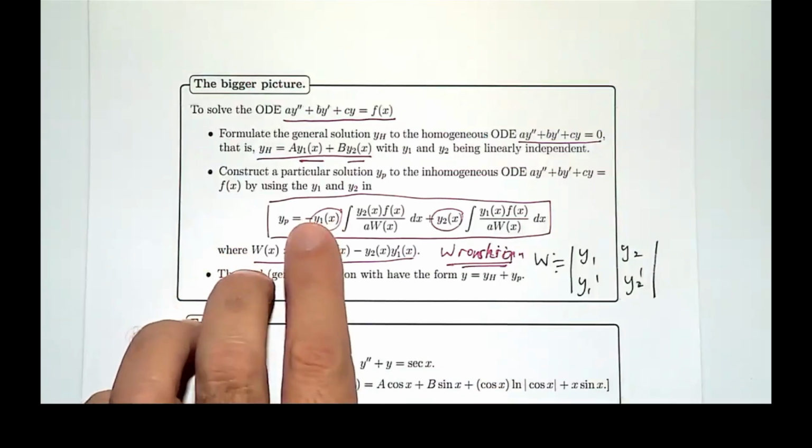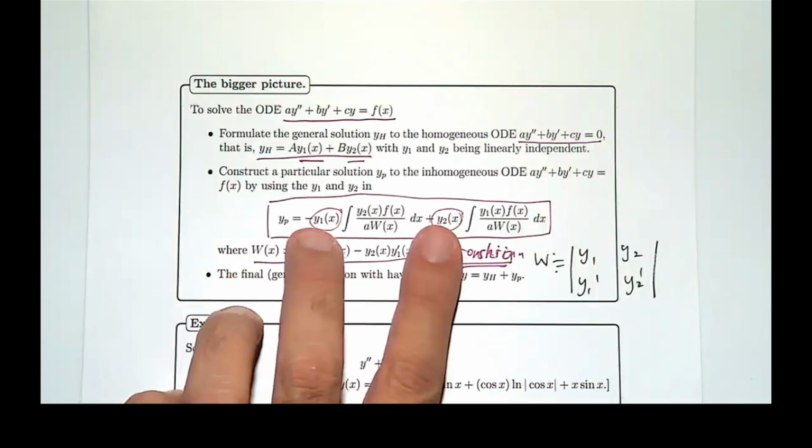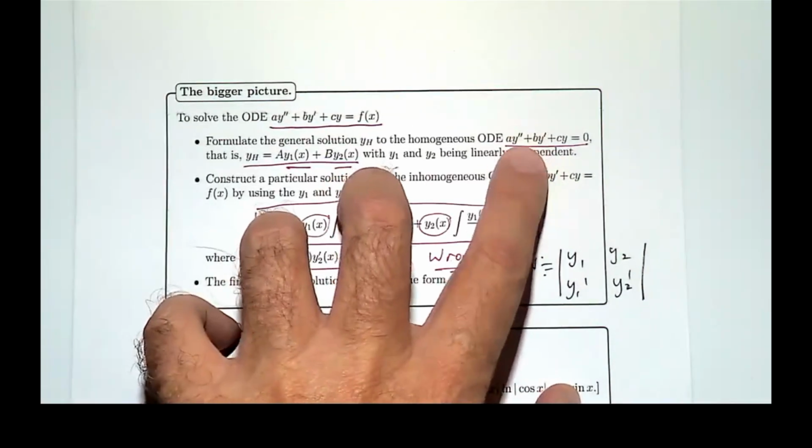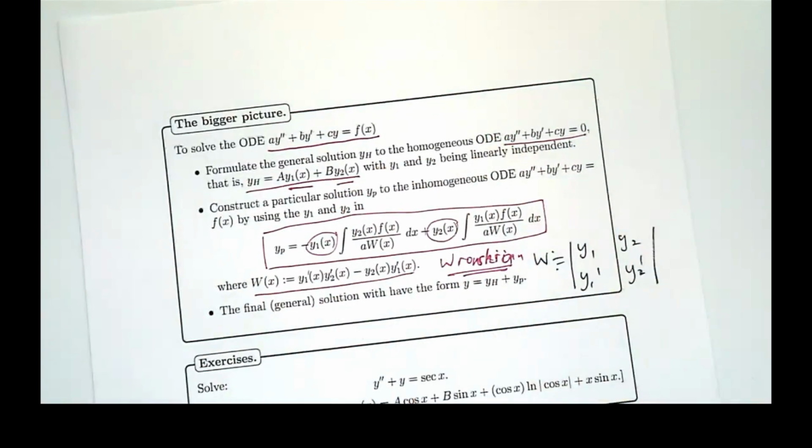In this formula, they depend intimately on y1 and y2, the solution to that original homogeneous problem. So don't stuff it up. How can you tell whether you've got the right solution or not? Test it. If you have time, test it. In a lab test you're probably not going to have time, right? But prove me wrong. Prove me wrong.